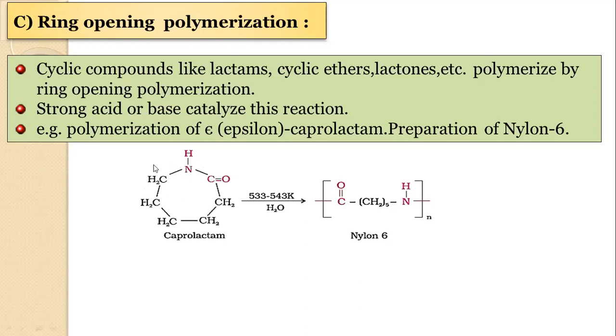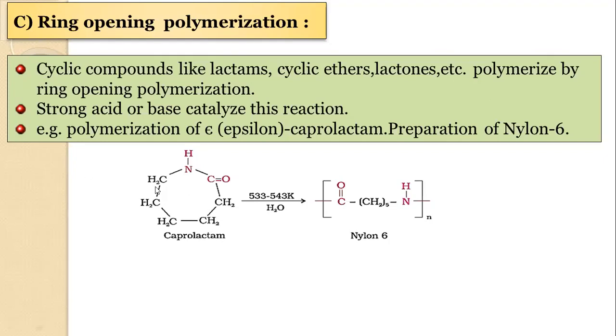When 7 members are in the ring, these are called epsilon. For alpha, there are 3 members; beta 4, then gamma, then delta, and then epsilon, like this: 3, 4, 5, 6, 7. Alpha, beta, gamma, delta, and epsilon, like this.